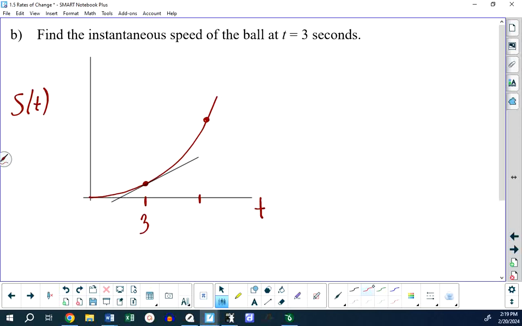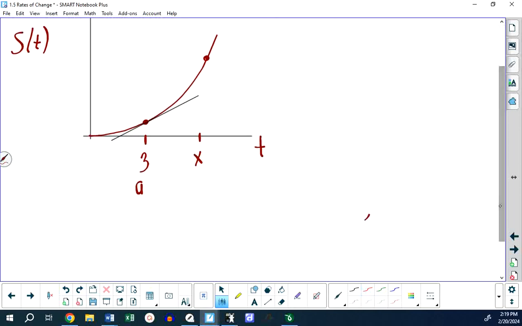And don't write down anything else until I say. This other point Q, we have sometimes called this x plus a, where this is a, right? And x, actually what we've done is we've called that x, and we've called that a, and we've said as x approaches a, the slope of the secant approaches our answer, right? But what we've done instead of doing that is we've said, well, let's call this a, and this a plus h.